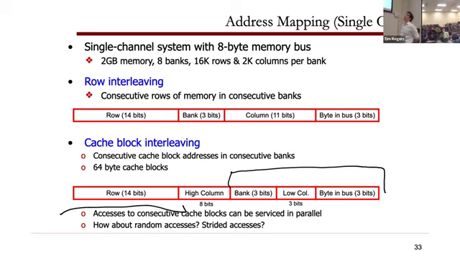Again, it would depend. The nice thing about the prefetch is that you actually want them at different times, whereas the cache block, you would need it all at the same time.